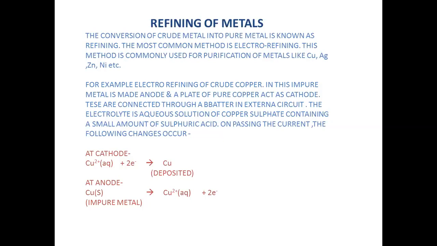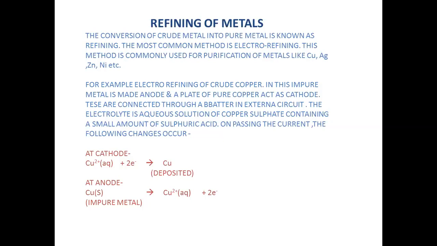So copper 2 positive ions come from the copper sulfate solution, right? Because when the current starts, first of all the electrolyte breaks down, students. So the electrolyte here is copper sulfate. When electricity is passed, it converts into Cu 2 positive plus SO4 2 negative. So these Cu 2 positive ions pick up the electrons from the solution and get converted into copper, which is deposited on the cathode, and we get a pure metal.